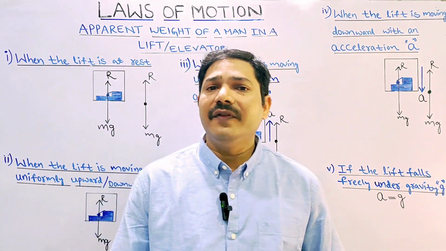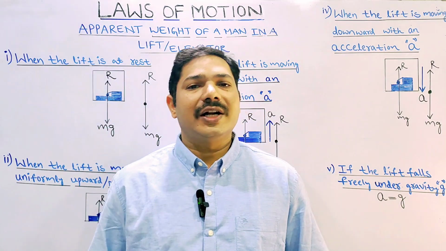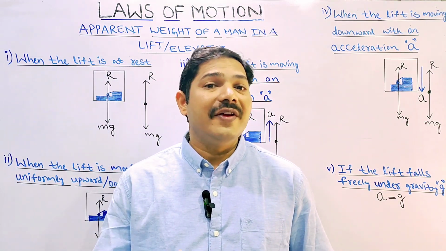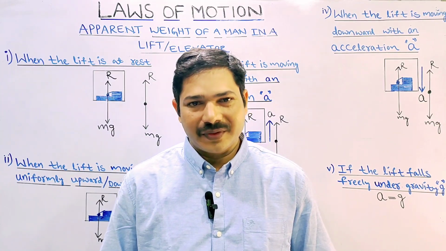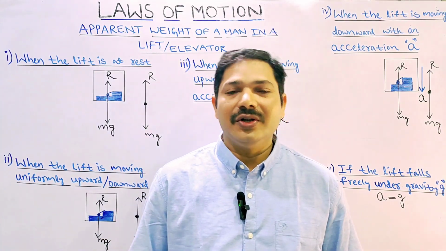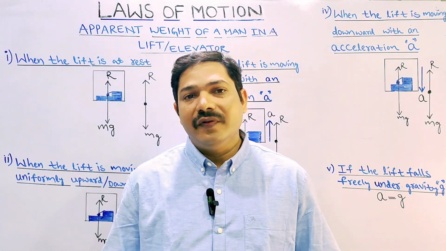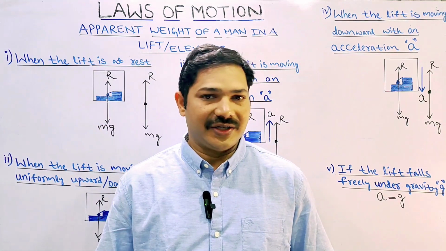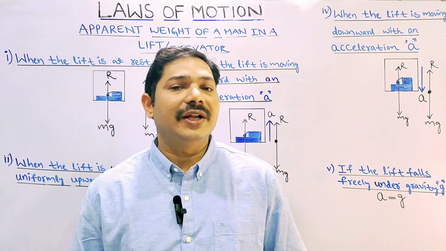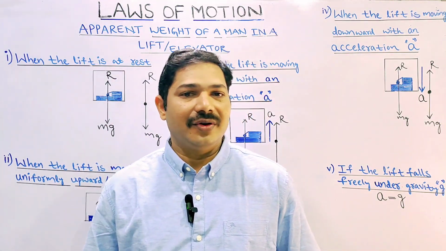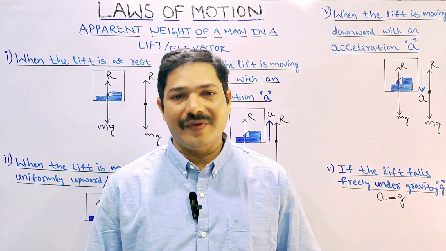Whenever the lift is moving upward, the machine shows a weight heavier than the true weight. You will feel heavier than your weight whenever the lift is going up. Similarly, whenever the lift is moving downward, you will feel lesser than your true weight.